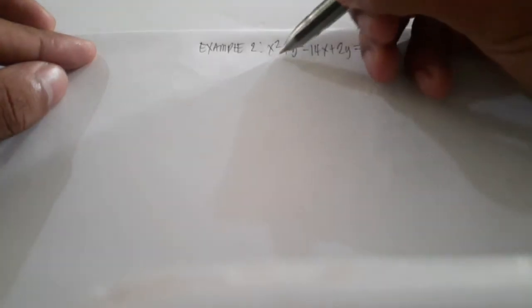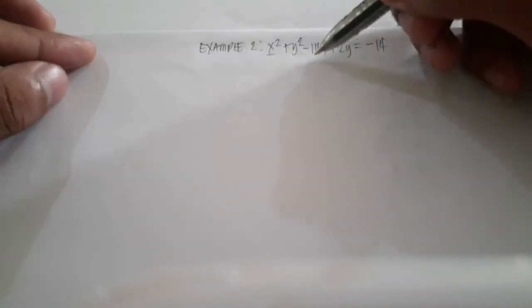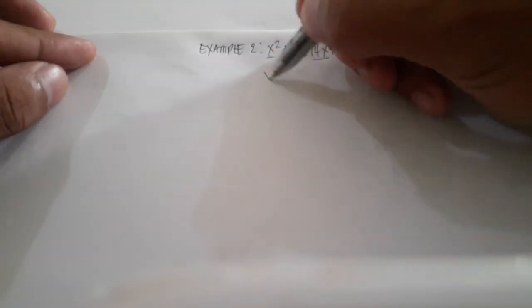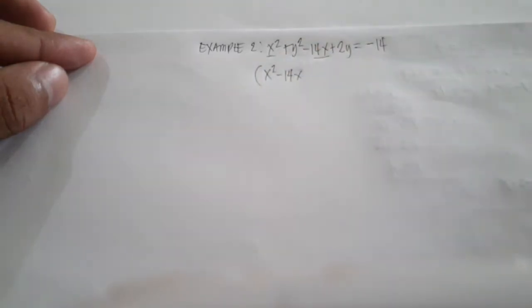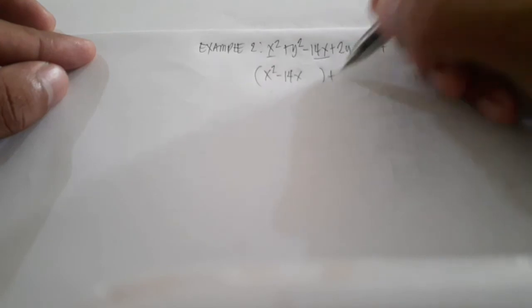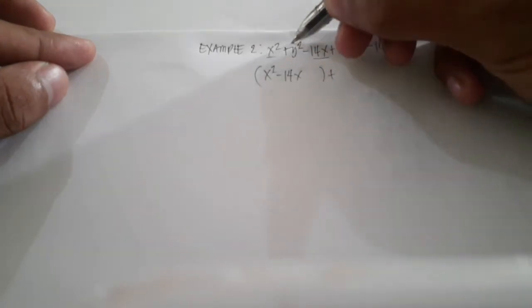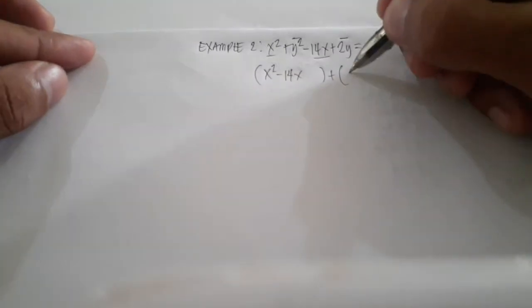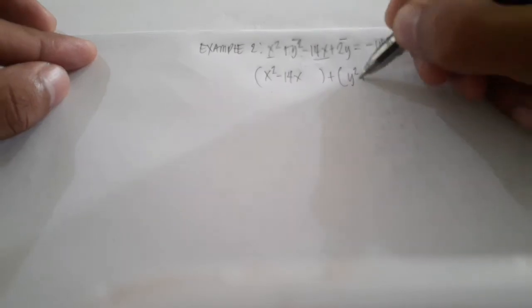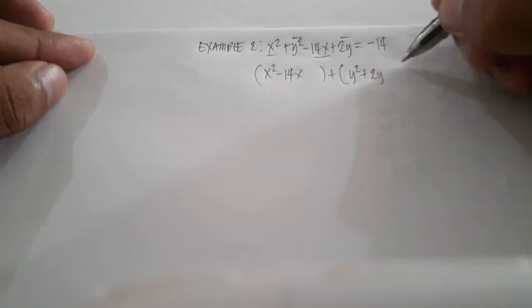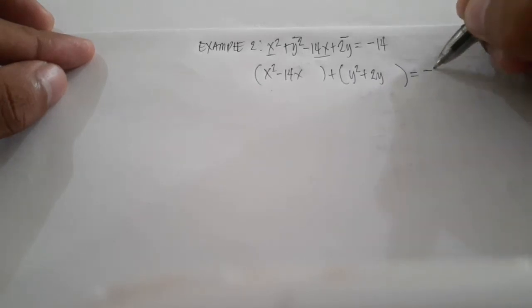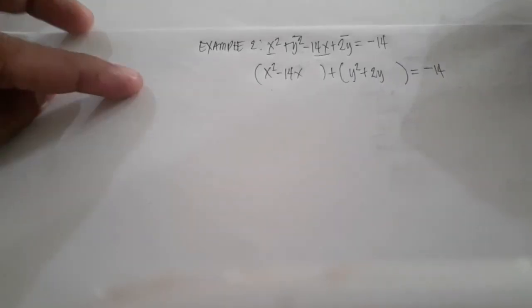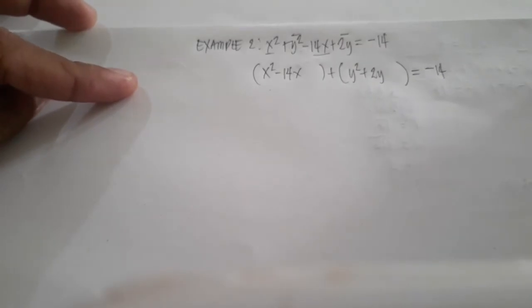So for our x we have x squared and negative 14x. Let's leave a space here because we are going to complete the square later on. For y we have y squared plus 2y. Leave a space, equals negative 14. So we're going to complete the square here.